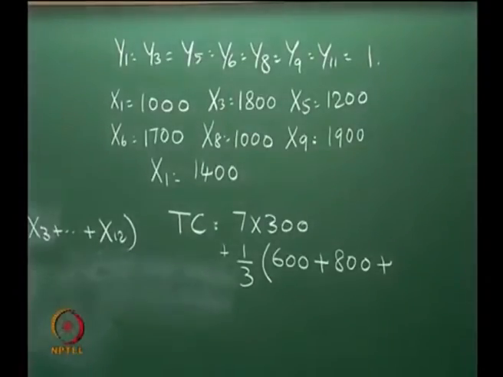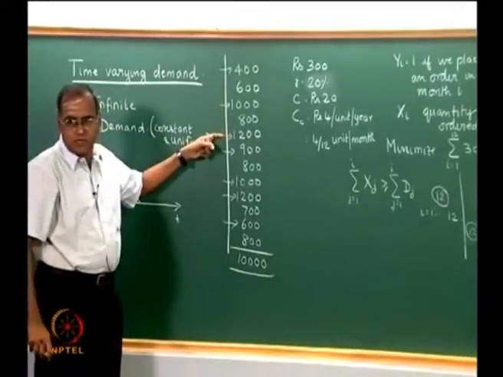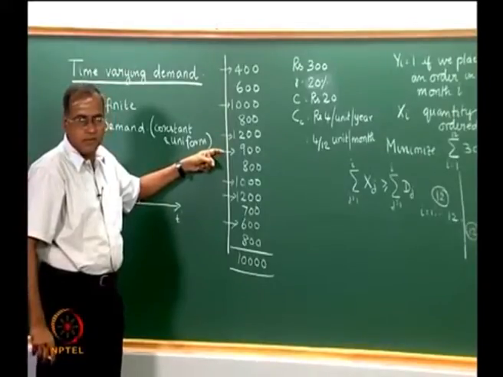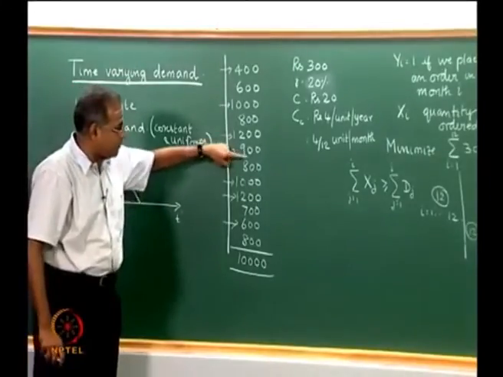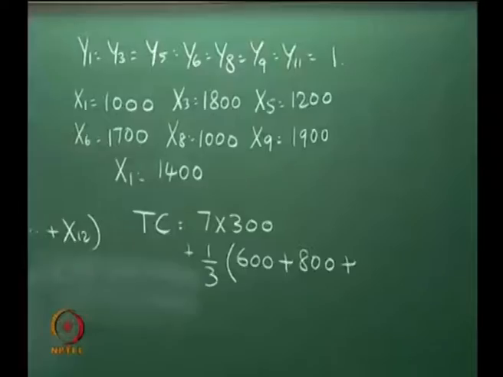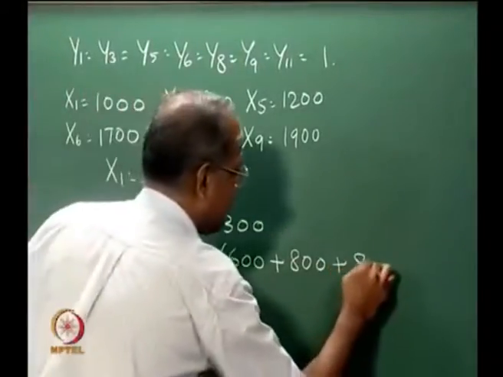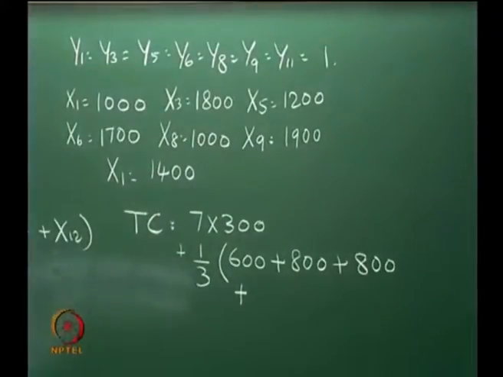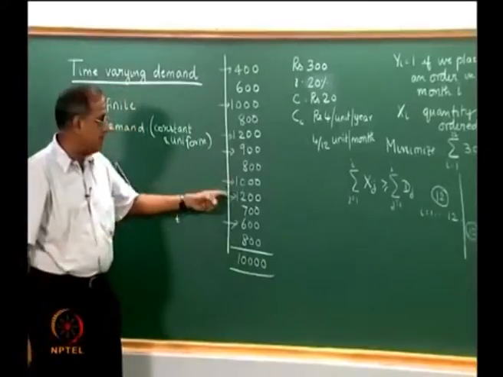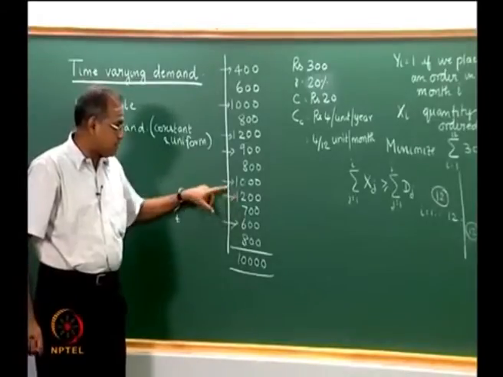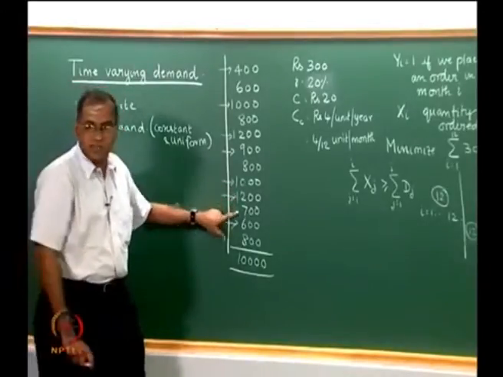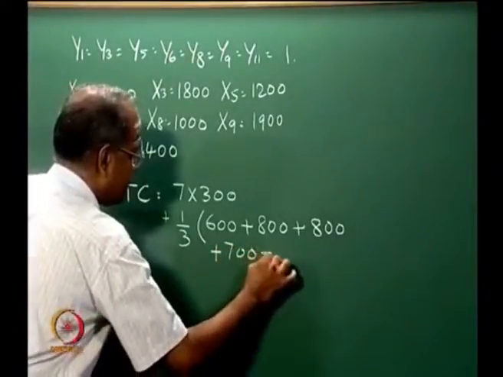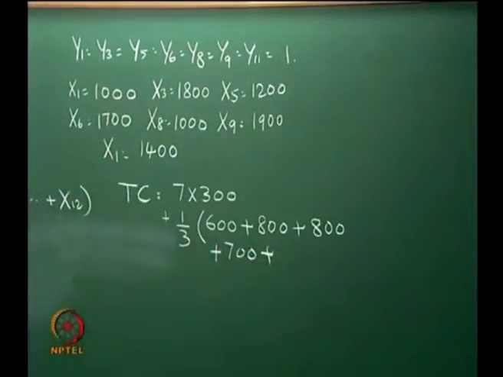Now here we order 1200, we consume all the 1200 here. Here we order 1700, we consume 900, so we carry another 800 here, so plus another 800. We order 1000, we consume all 1000, we order 1900, we consume 1200, so balance of 700 is carried, which is consumed at the end of this period.